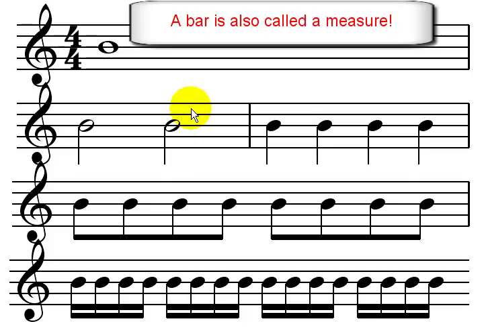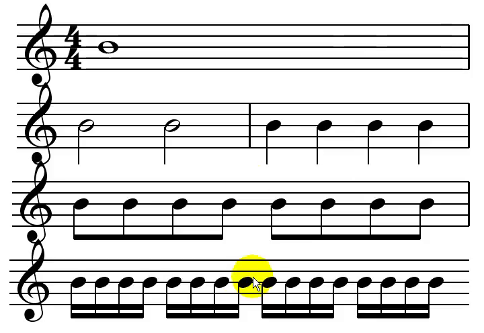This is a bar, and this is a bar, this is 1 bar, and this is 1 bar. We will talk about bars and bar lines. This is a bar line here. We will talk about that in more detail later on. But let's take a listen.